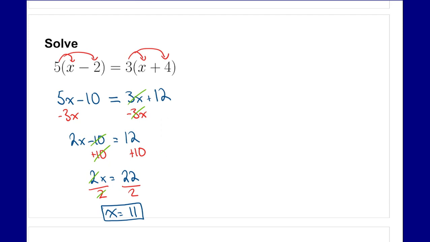So if we have brackets, once we distribute the property, we could end up with a multi-step equation. So when we distribute the property, we might end up with any of the previous types of equations that we found. And again, that's what I mentioned in class earlier.